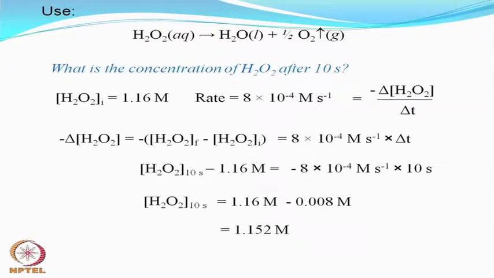Now, if we would like to know the concentration of H2O2 after the reaction has elapsed say 10 seconds, how to find out? How to find out the concentration if we are given the initial concentration?